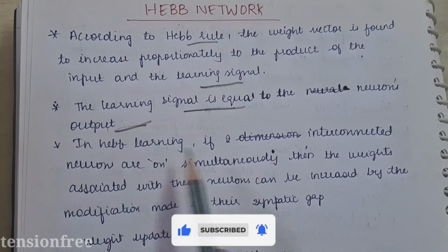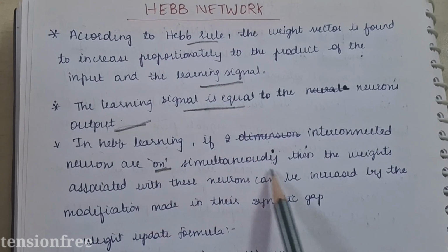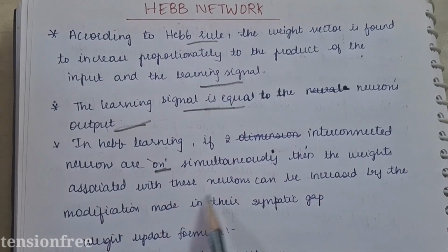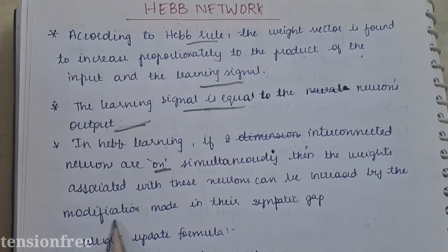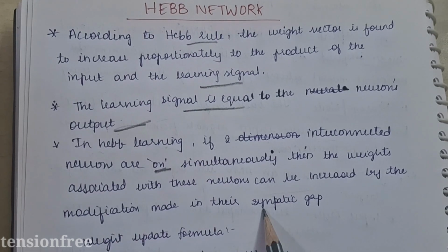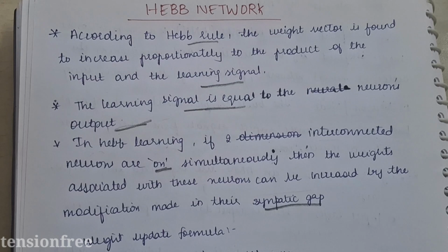Hebb learning: if two interconnected neurons are on simultaneously, then the weights associated with these neurons can be increased by the modification made in the synaptic gap. What is the modification formula?